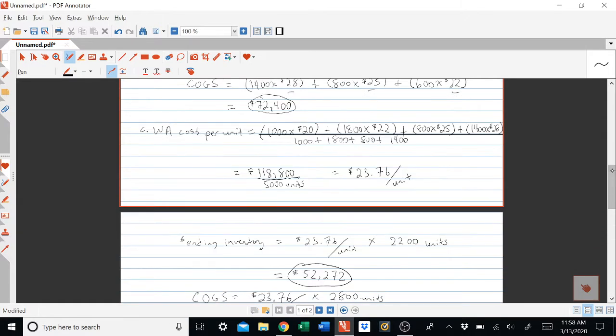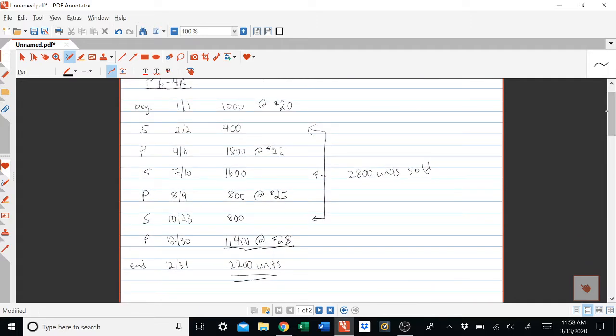In the final sale, keep in mind, we've grabbed 1,600 from these purchases, which leaves 200 from these purchases that we assume haven't been sold. So there's 600 here that haven't been sold. We need to keep track of that. There's 200 here that haven't been sold. I'll erase that later, but just keep a mental note of that. On October 23rd, they sold 800 units.